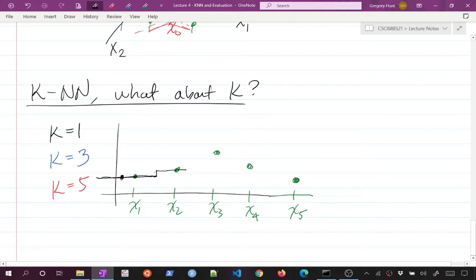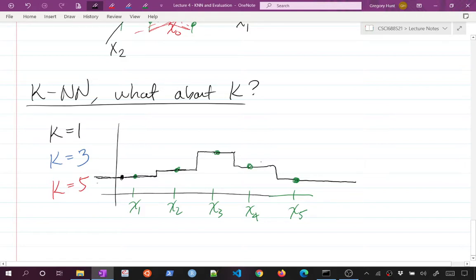And so instead of predicting x1, I'll jump up and predict x2 in that neighborhood of x2, until I move to a point where I'm closest to x3. At that point, my nearest neighbor will be x3, and I'll jump and start predicting at x3. And so you can see what's going to happen. We're going to get this step function. Then at some point I'll be closer to x4, and I'll predict x4 until I get closer to x5, and I'll predict x5, and that goes out to infinity.